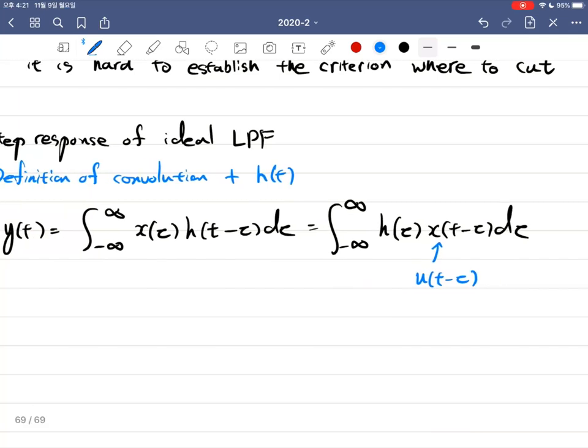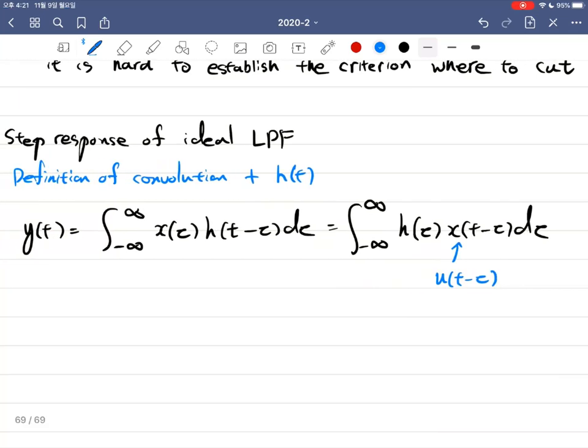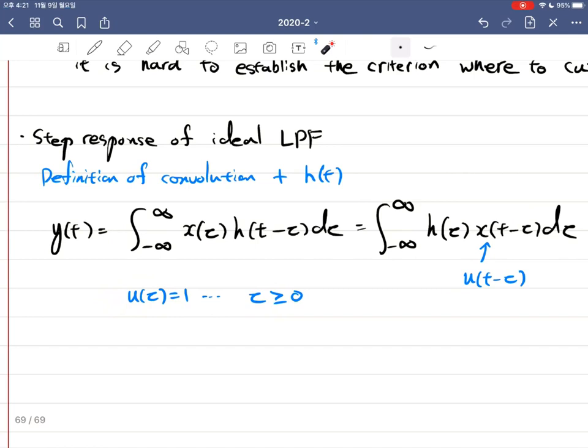And please recall that the definition of unit step function is that if tau is bigger than or equal to 0, then you have the value 1, and you have the value 0 otherwise. So this is the original definition.